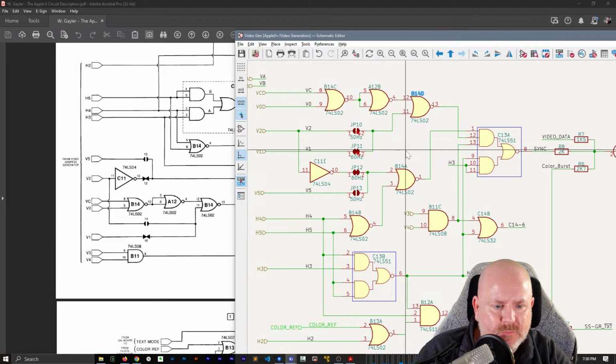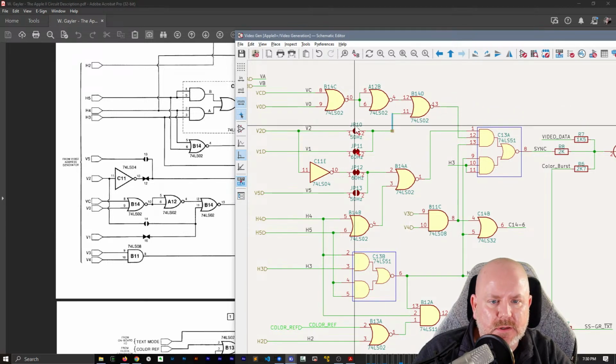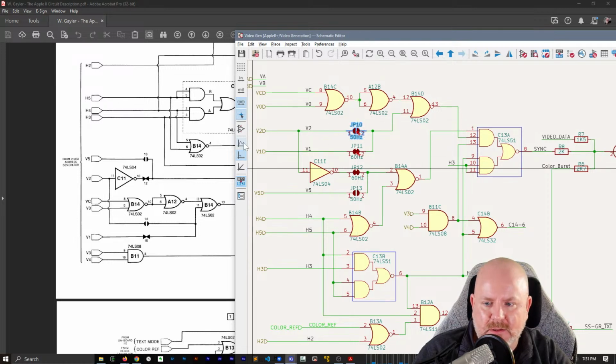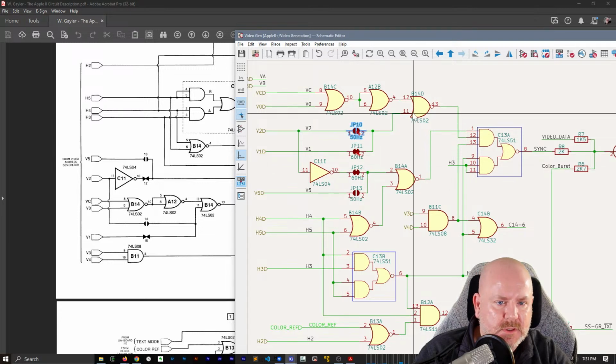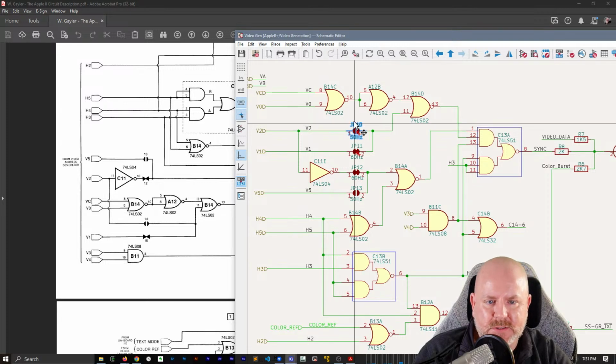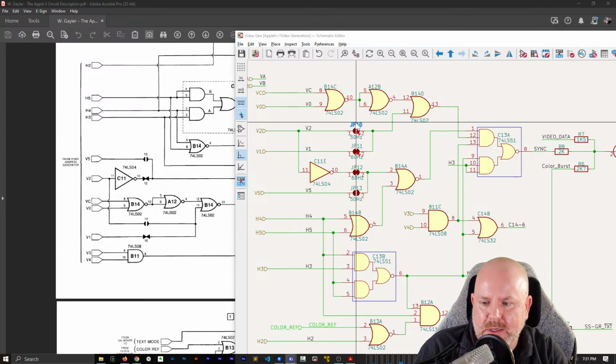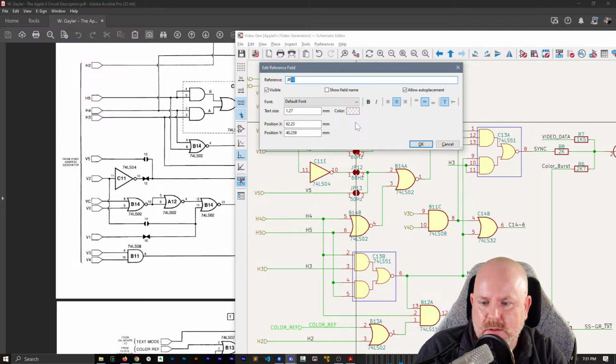Where is pin 11 of B14? Right here. So this is supposed to be, I think that's supposed, I lost it now, right? So 11 connects to the open, which connects to V2. So this should be 14.